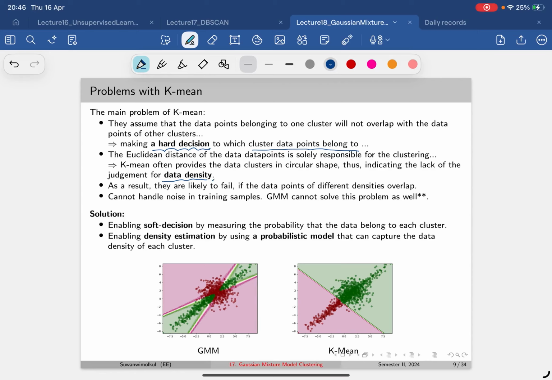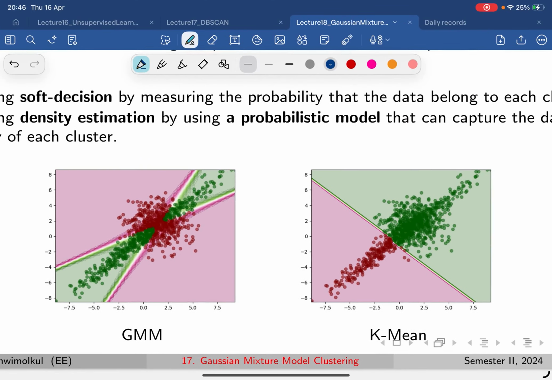As a result, K-means tends to fail if data points with different densities are overlapped. You can see the example below. Here, the Gaussian Mixture Model can tell that the data points in the green came from a different density from the red, but K-means isn't able to do this.